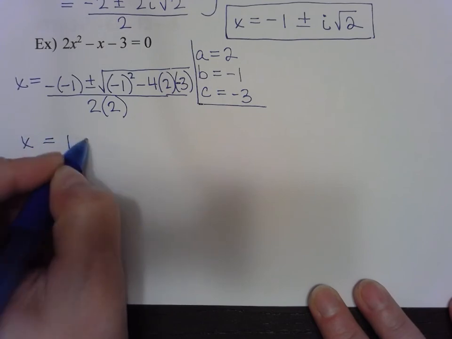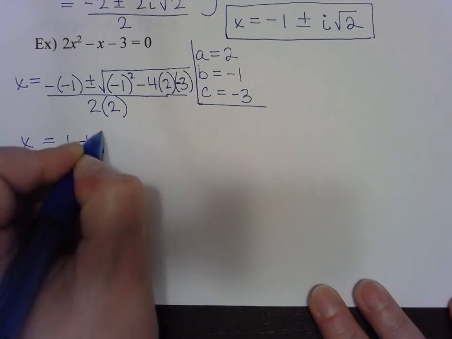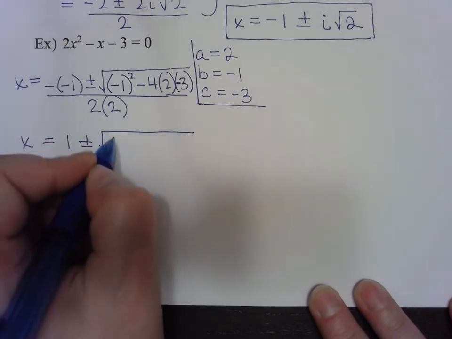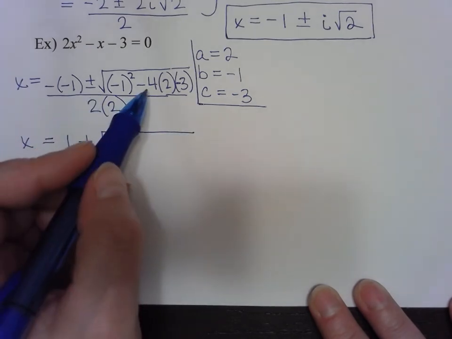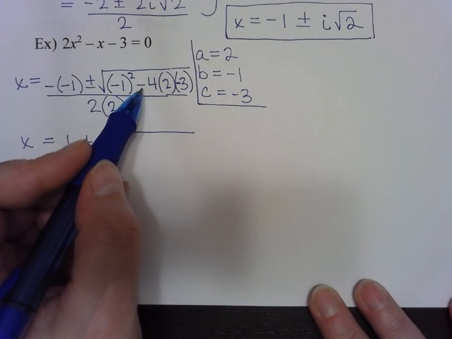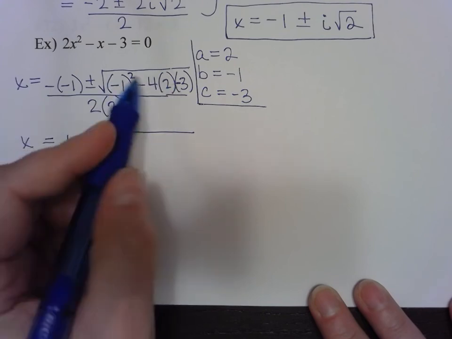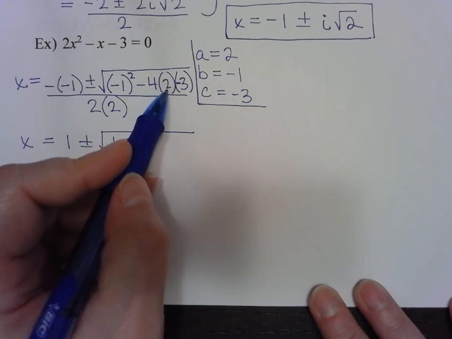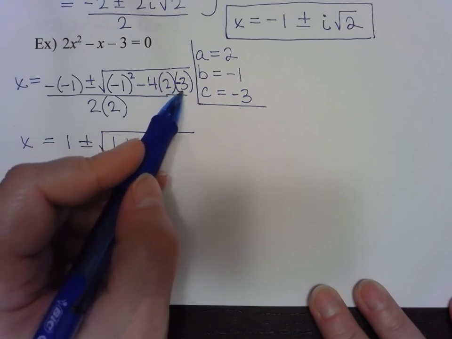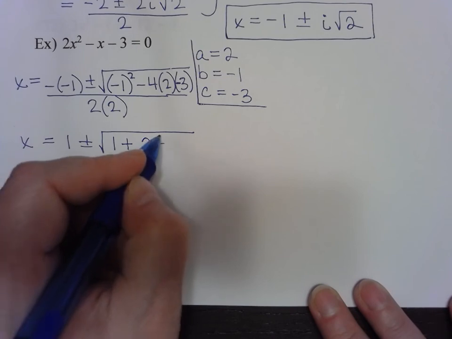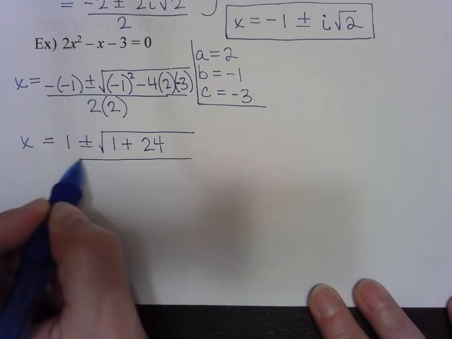This is going to give us 1 plus or minus the square root of 1. Notice I have 2 negatives here, minus and a negative 3, so that's going to be plus. 4 times 2 would be 8, times 3 would be 24, all over 4.